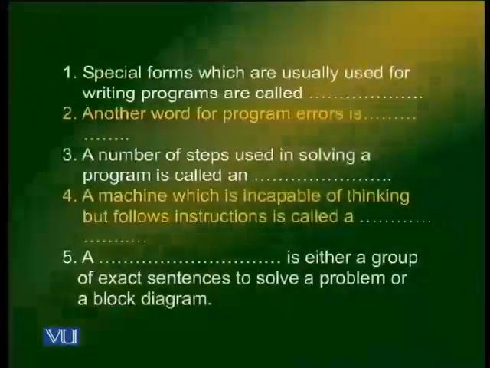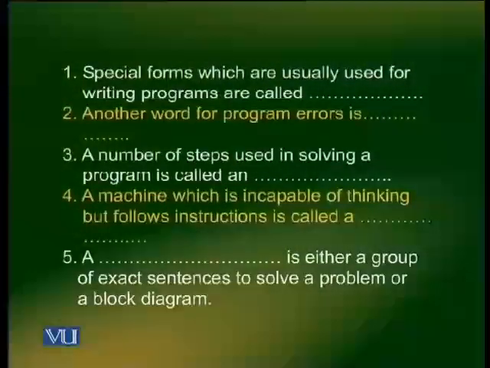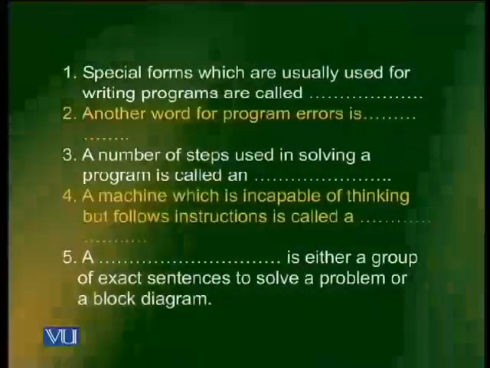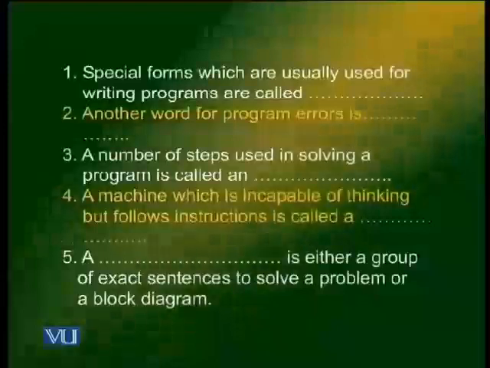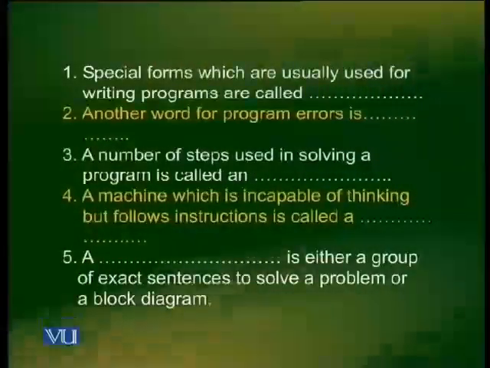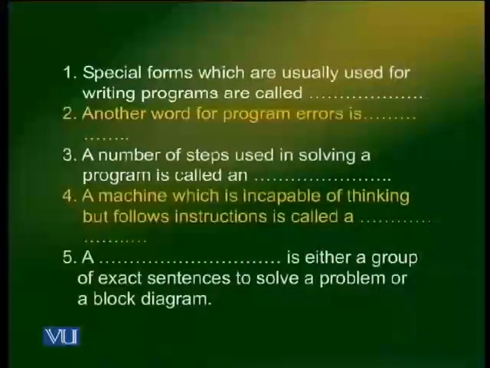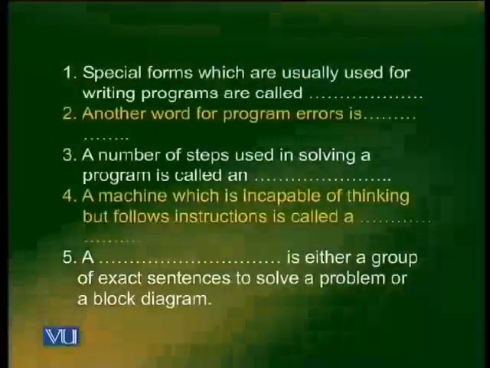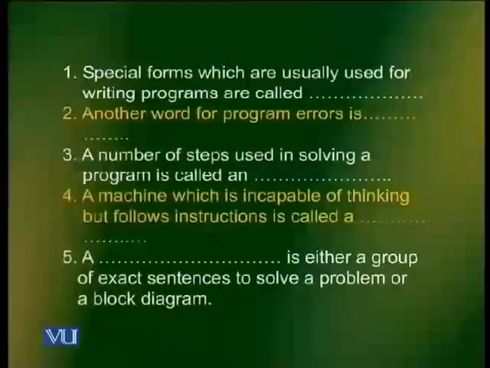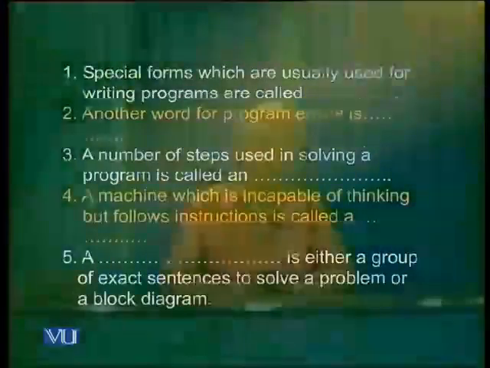Right? Not algorithms, but an algorithm. Number 4, a machine which is incapable of thinking but follows instructions is called a robot. Number 5, dash is either a group of exact sentences to solve a problem or a block diagram. And we know it's a flow chart.